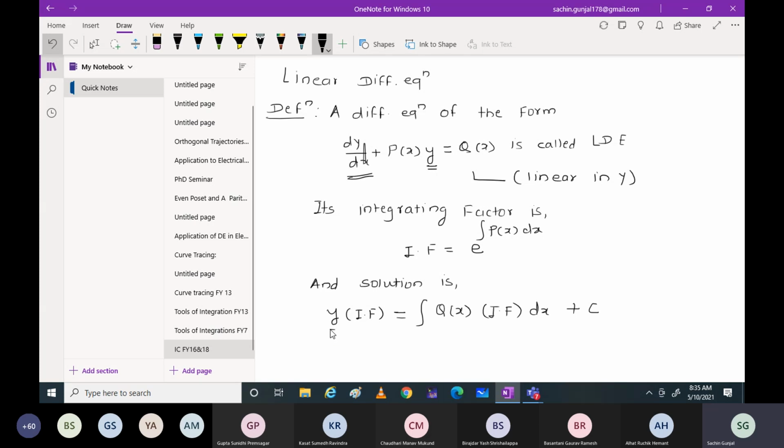So basically it is dependent variable into integrating factor equal to integration Q of x into integrating factor dx plus constant of integration. So this y is called the dependent variable and x is independent. All right. Can we go ahead? Okay.